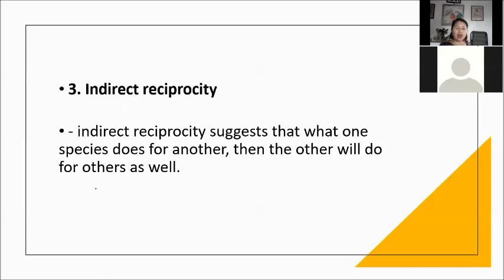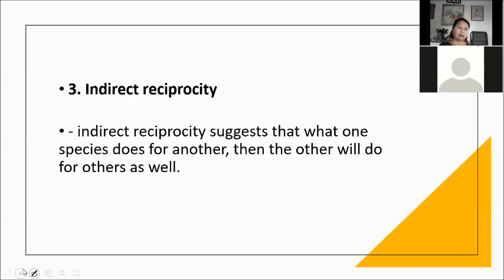So, actually, itong indirect reciprocity comes in 2 flavors. So, upstream reciprocity. So, this is based on recent positive experience. Parang na natulungan ka. So, since natulungan ka, that help motivates you to help also others. No?